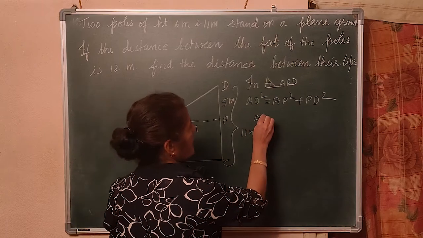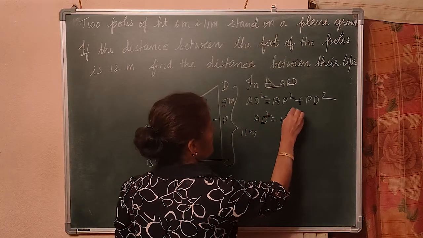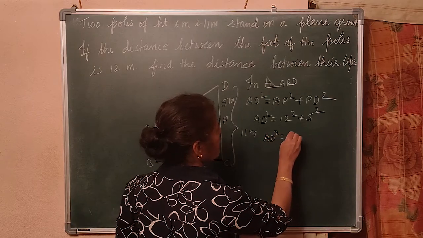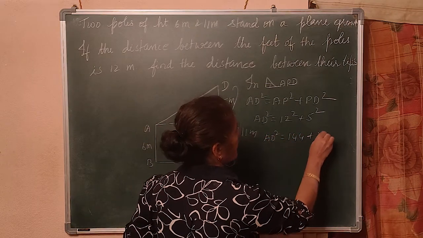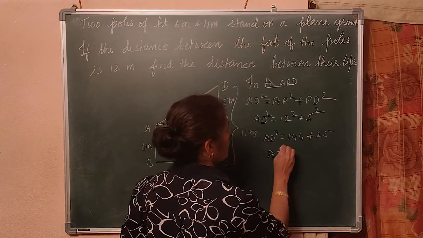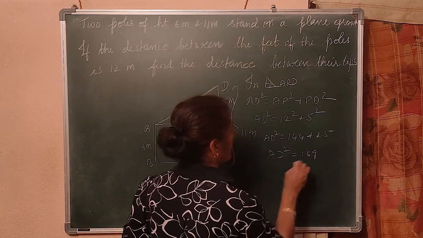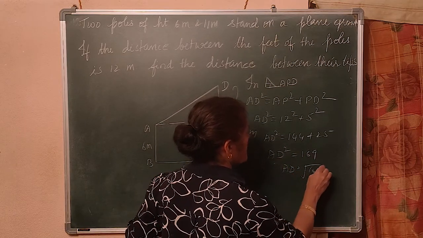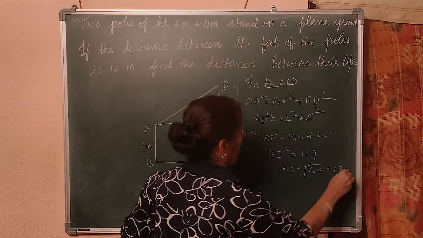So AD square is equal to 12 square plus 5 square, which is 144 plus 25, so AD square is equal to 169. Therefore AD is equal to square root of 169, which is 13.